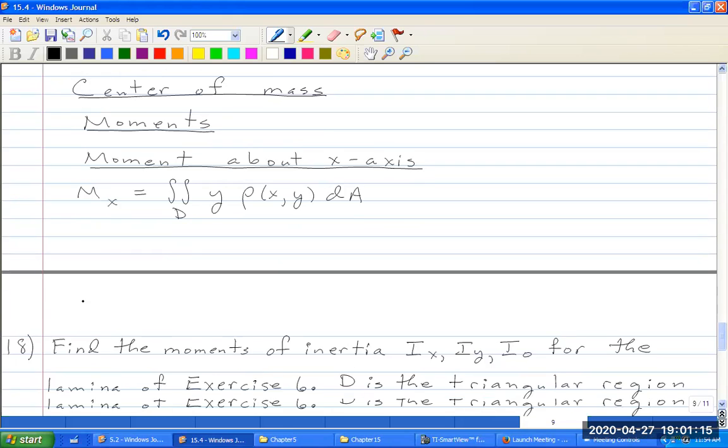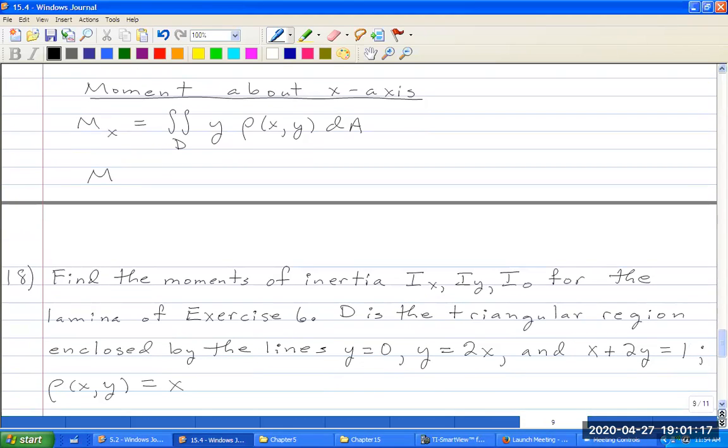So the moment was the integral from 0 to 2/5, from y over 2 to 1 minus 2y, of y times x, I'll call it xy, dx dy.